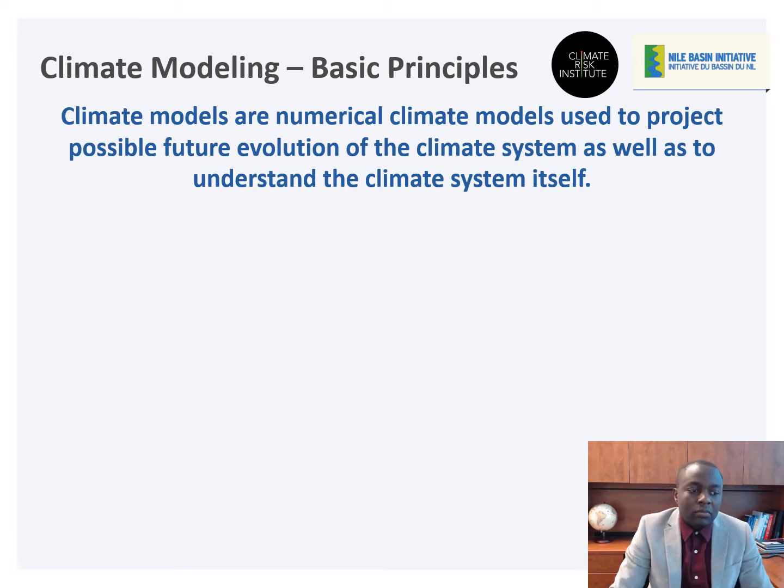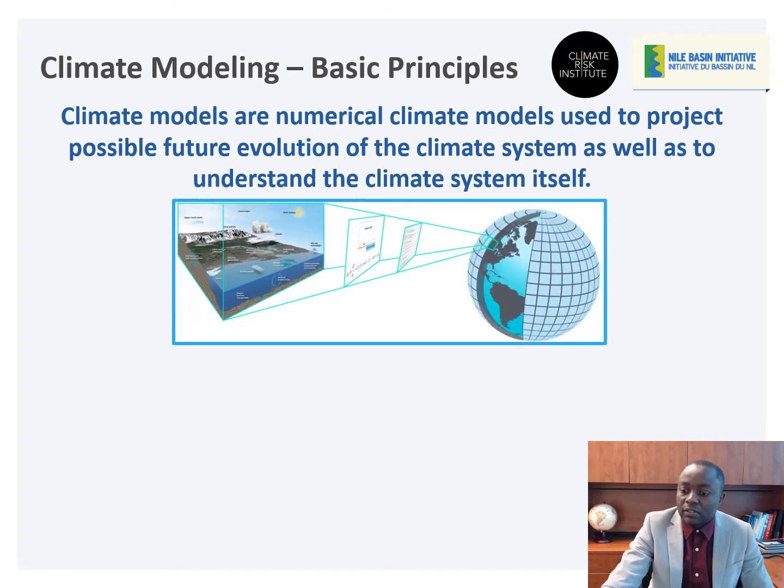These climate models separate the Earth's surface into three-dimensional grid cells. The results of processes modeled in each cell are passed to neighboring cells to model the exchange of matter and energy over time.